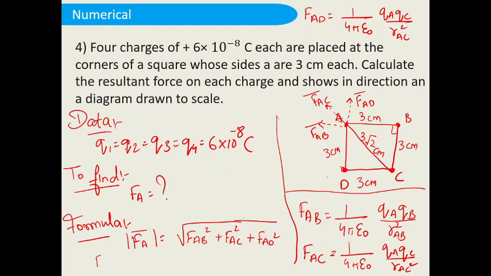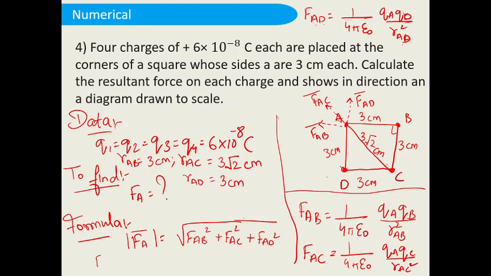What is given in the data is the value of R. RAB is 3 centimeter. RAC, if you consider AC, it is 3 root 2 centimeter. And RAD is equal to 3 centimeter.